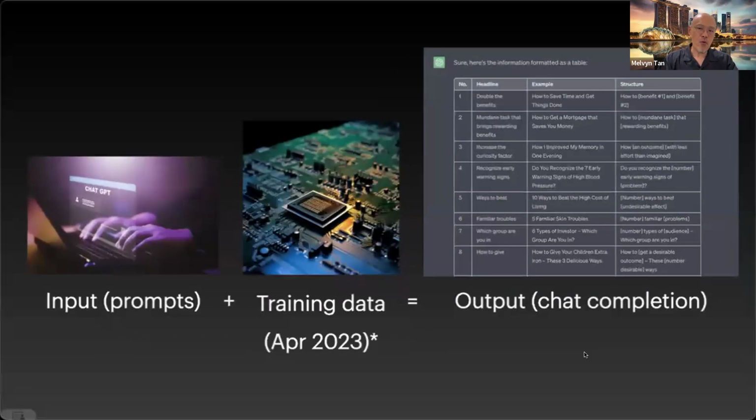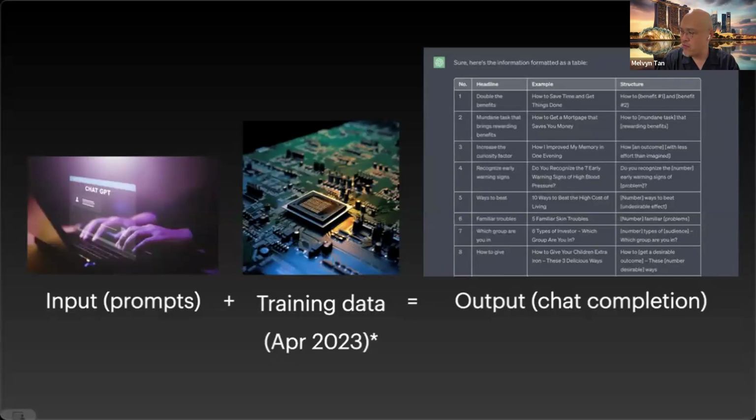Now, before we go into the other part here, there is also the other component that I would like to very quickly share with you, and this is training data. Training data, in a very simple way, means that ChatGPT, when you're using it, has already been trained with certain data itself, right? The data for GPT-4 goes up to April 2023.